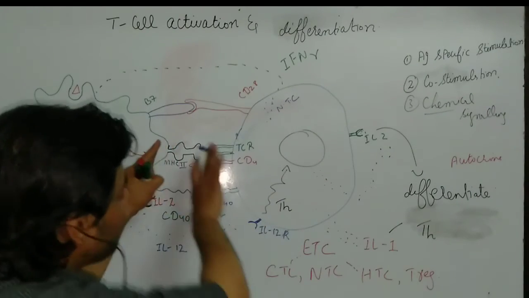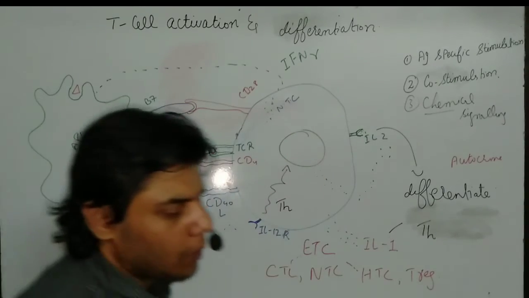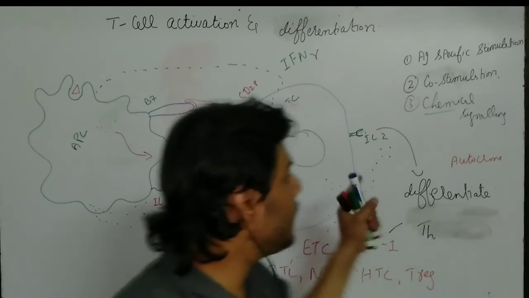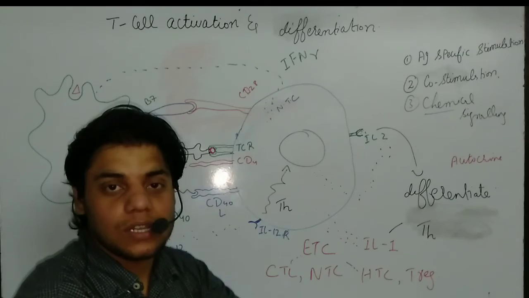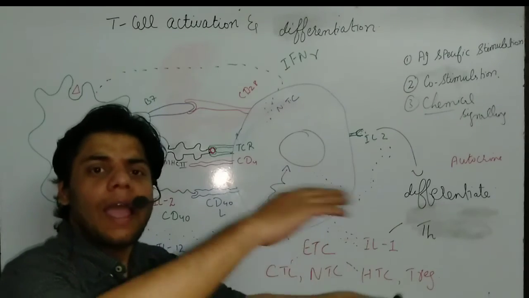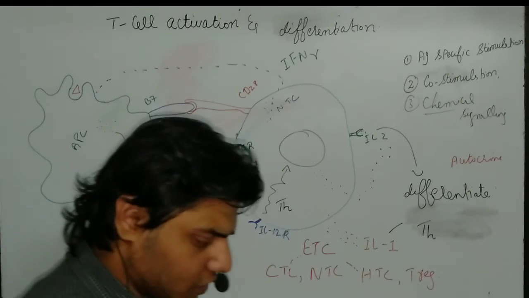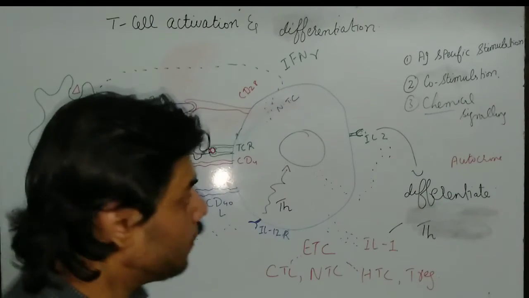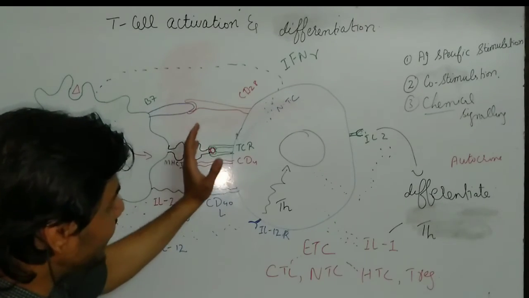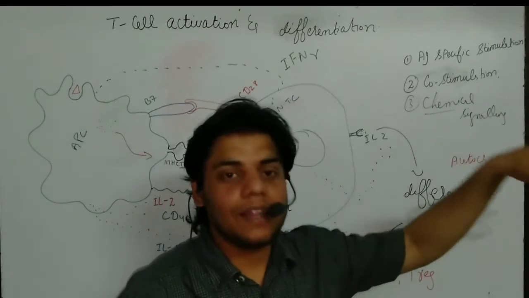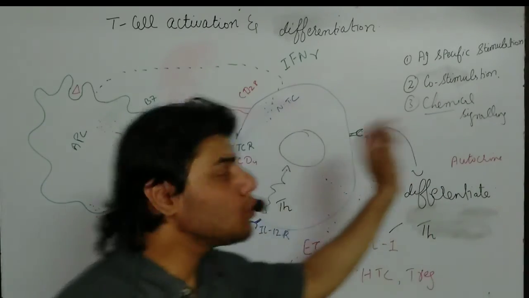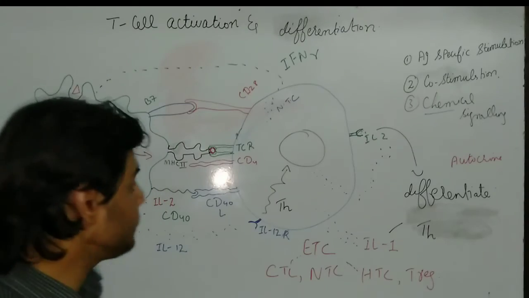So then it will be separated, and then they will perform the rest of the job. They will call other immune cells to go and control the infection or disease inside the body. Once this cell activates, they will separate it, and then they will call other cells through different kinds of cytokines.